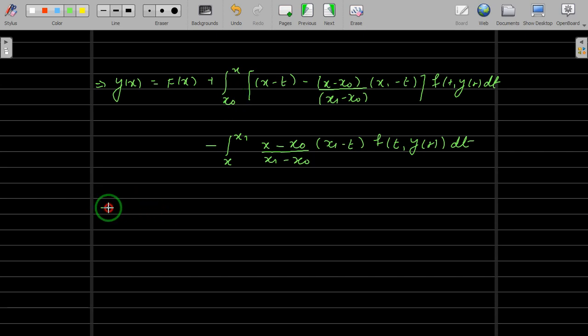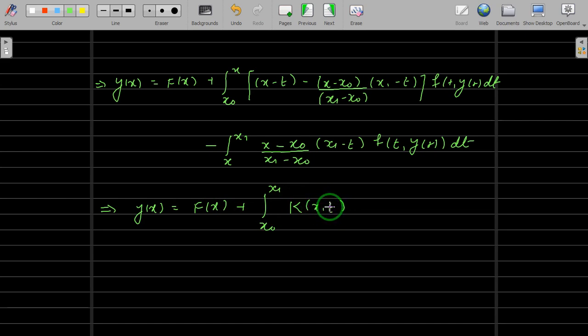So this implies, let me write this as y of x is equal to f of x plus integral x0 to x1 of kernel k x t.